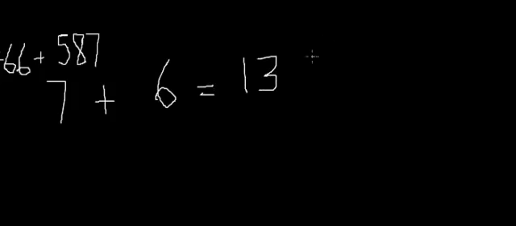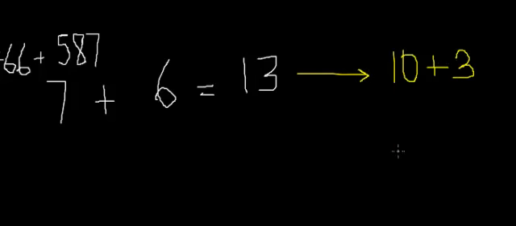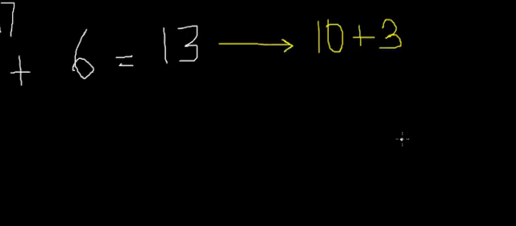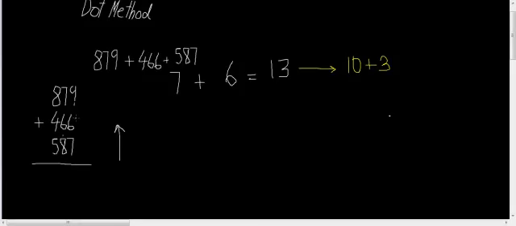And this can also be written as 10 plus 3. Now, to represent this 10, we can indicate it using a dot. And that's the reason it's called a dot method. So we're just going to put this 10, or this dot, over the 6. So we'll put a dot here.